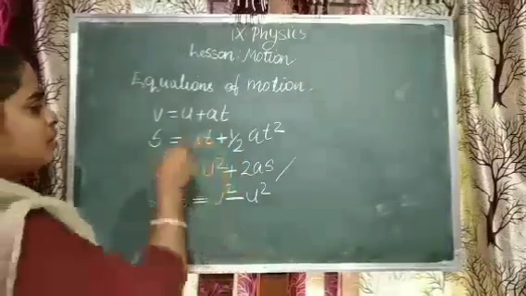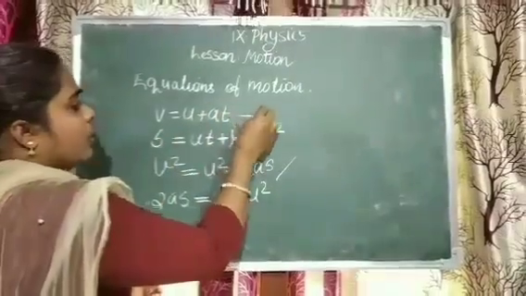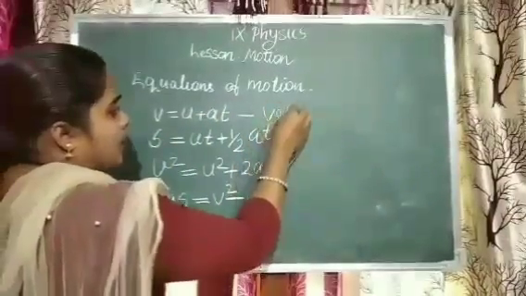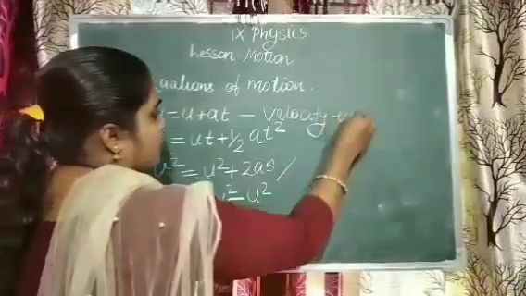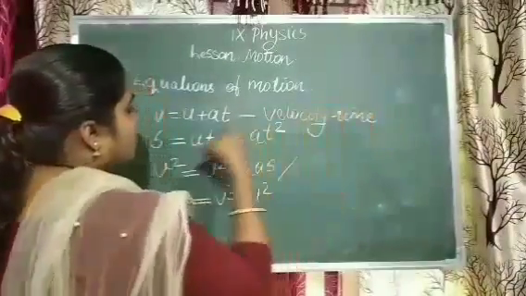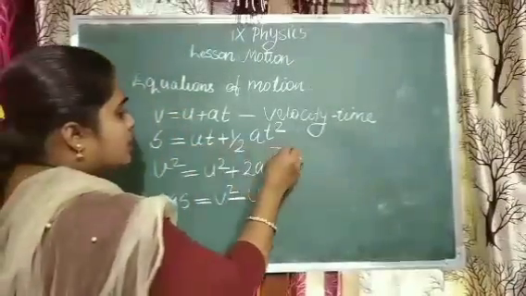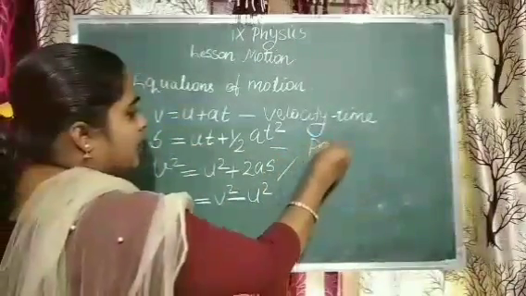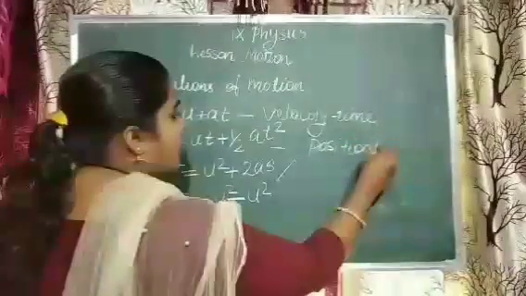So here the first equation is called the velocity time relation. The second equation shows the position time relation.